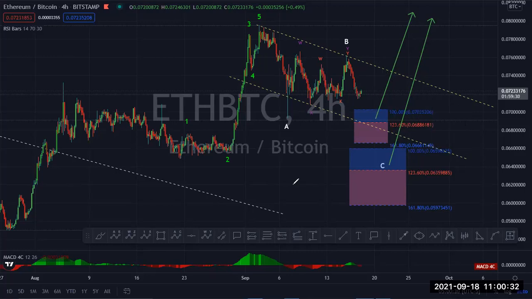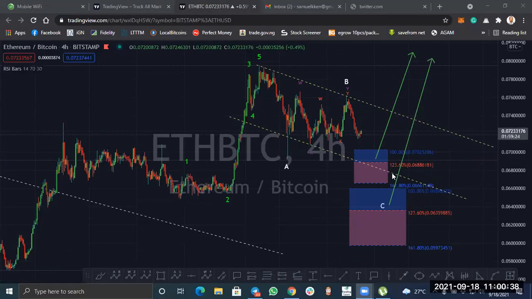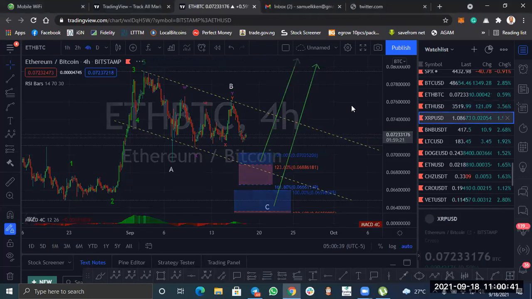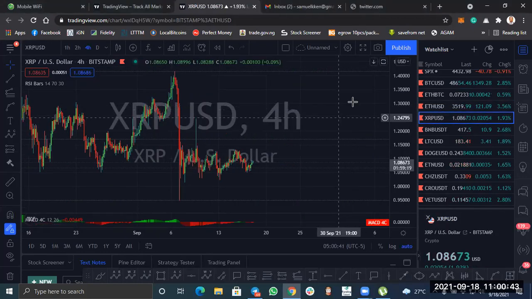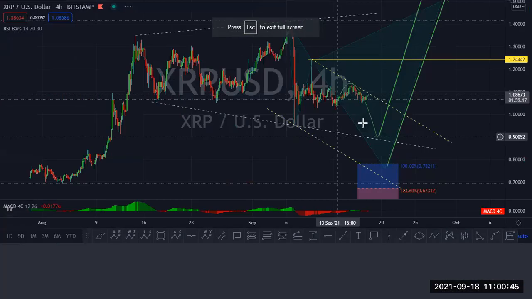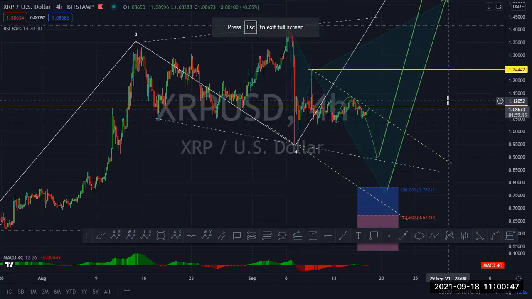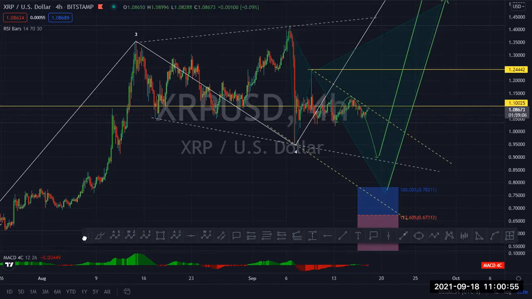Okay. So we move to the next, which is Ripple, XRP. In XRP, we are looking at a further drop.